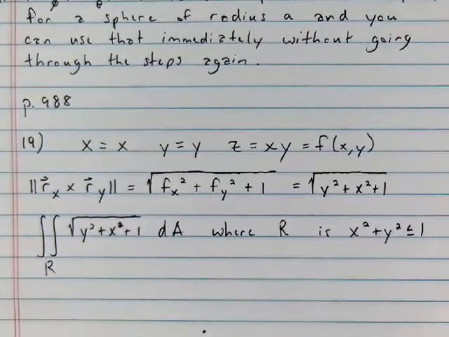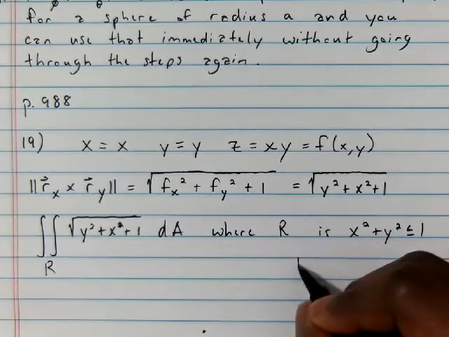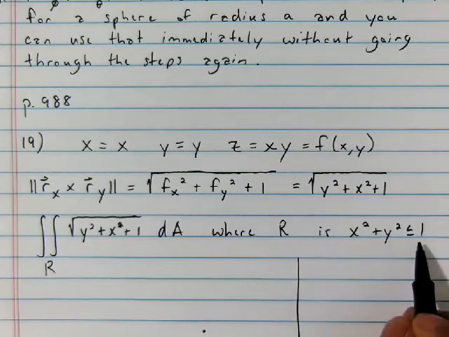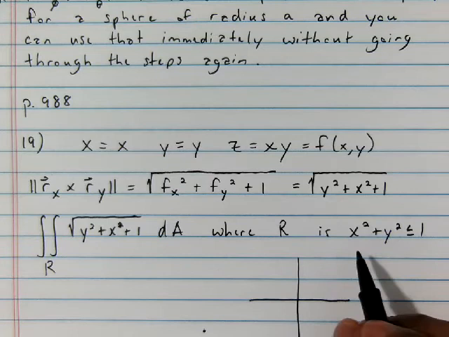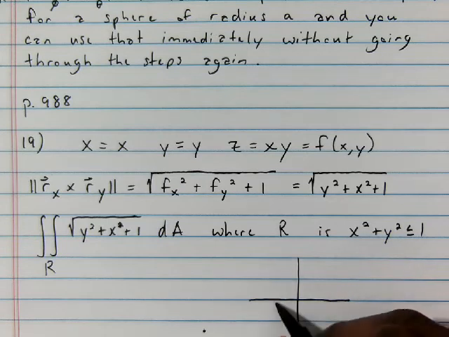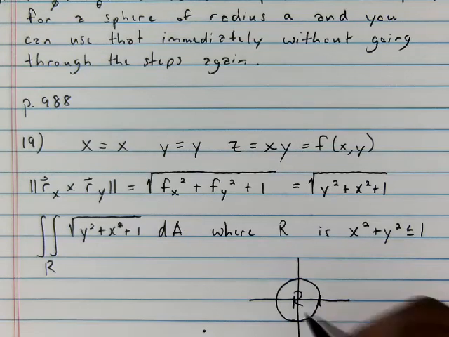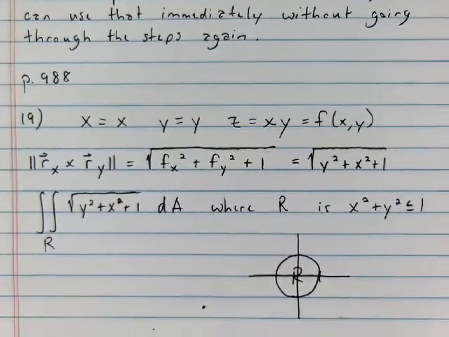If we had to evaluate this integral, we would project it down into the xy plane because we have to integrate over that region. We would get this circle of radius 1 centered at the origin, and then from that point we would convert to polar coordinates.